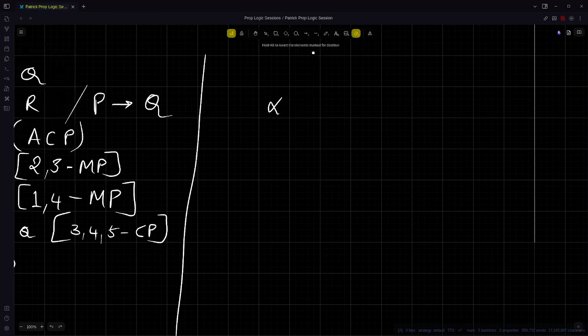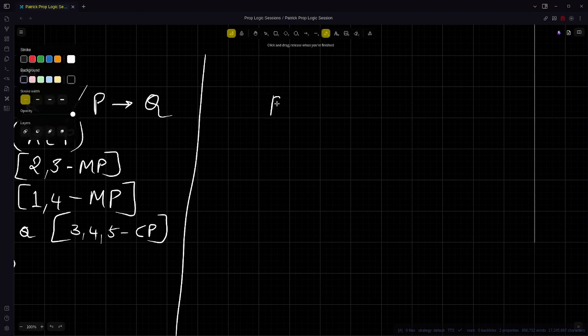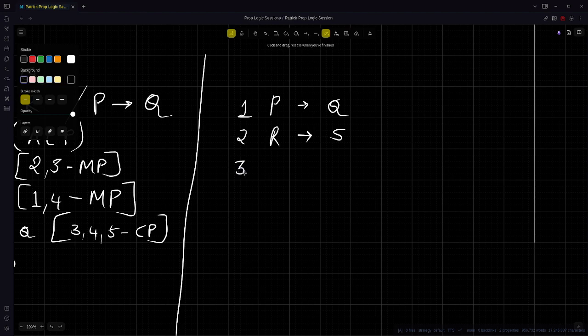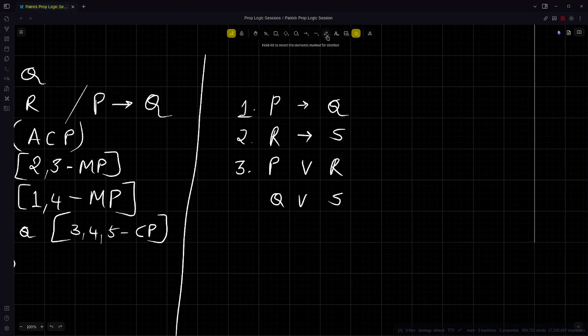Okay, so in this case we'll use P implies Q, and then R implies S, and then P or R, and then Q or S. That's the conclusion, right? Yeah.